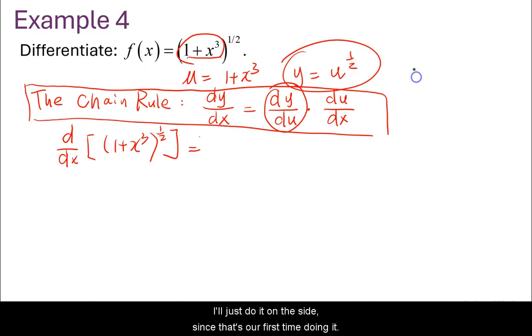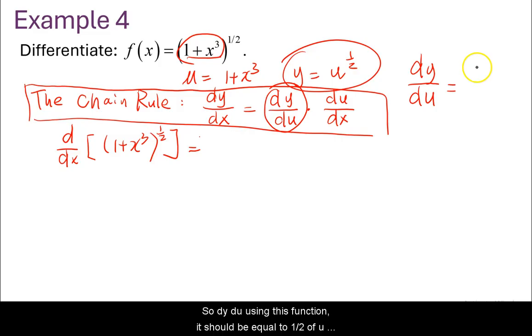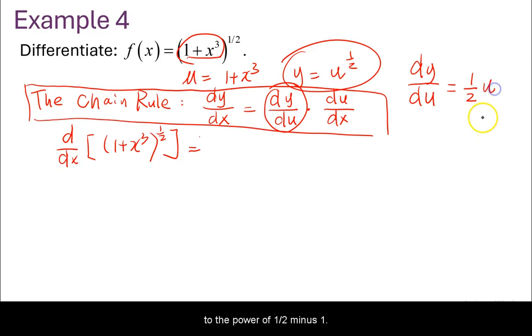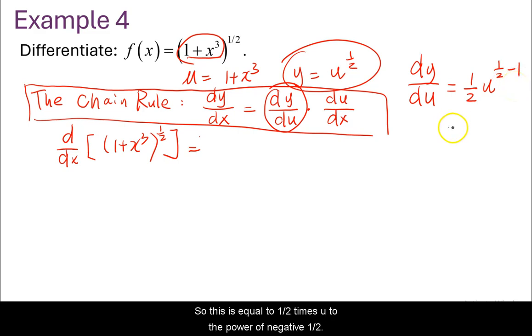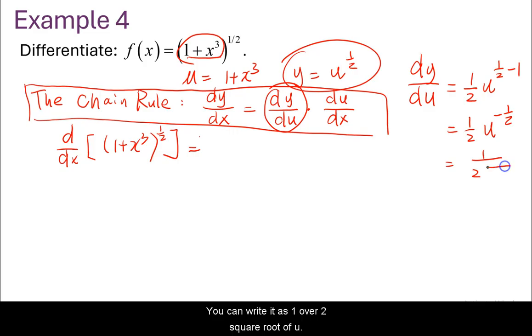I'll just do it on the side since that's our first time doing it. So dy/du, using this function, should be equal to 1/2 of u to the power of 1/2 minus 1, right? So this is equal to 1/2 times u to the power of negative 1/2. You can write it as 1 over 2 square root of u.